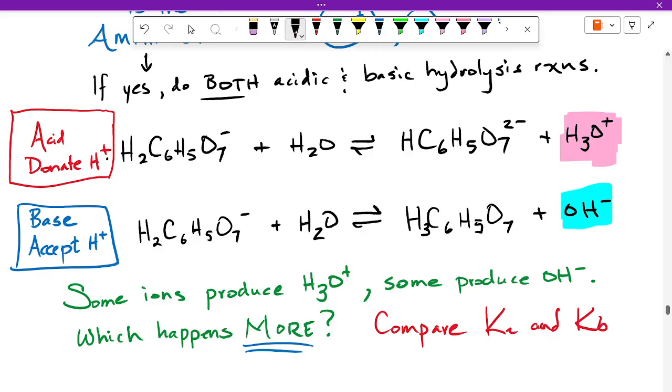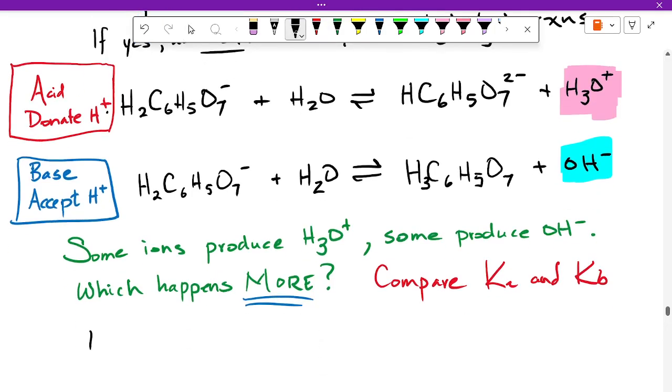So we are going to find the Ka of, and I would always put in brackets what the species is because you've got a lot of chemical species floating around here. So I would just be very specific. It's H2C6H5O7.